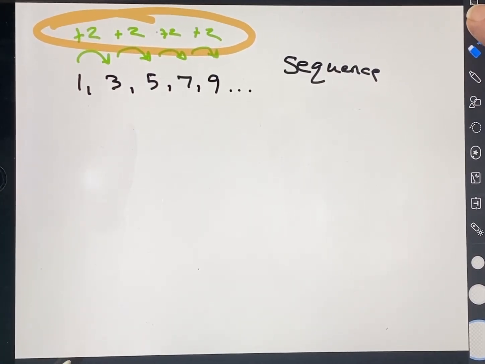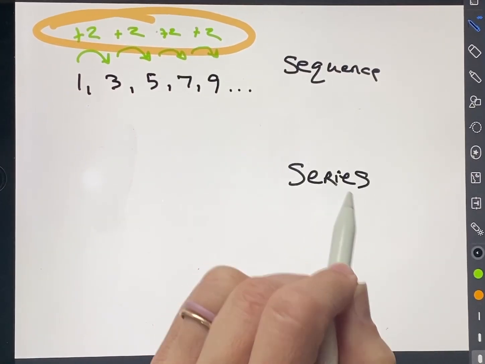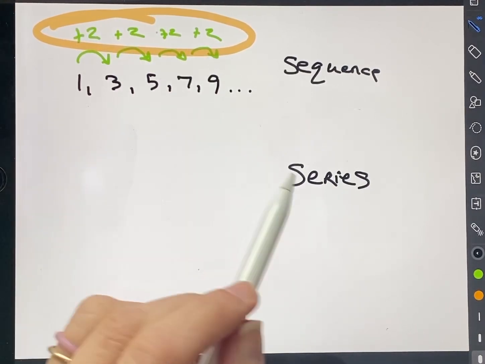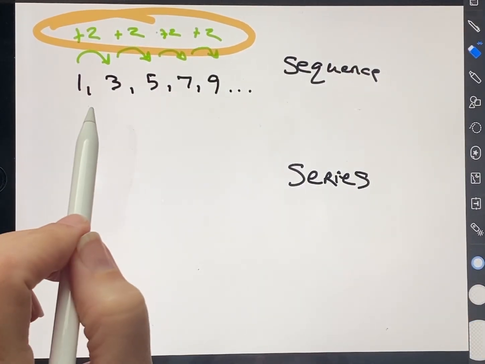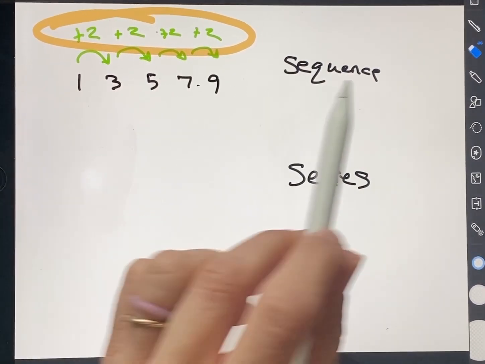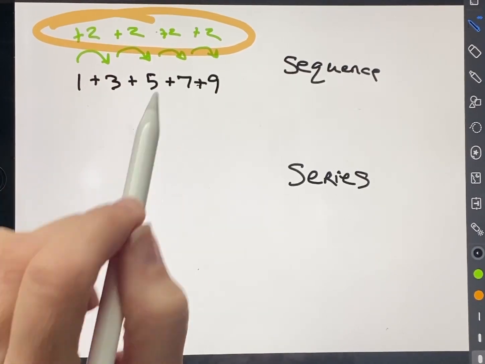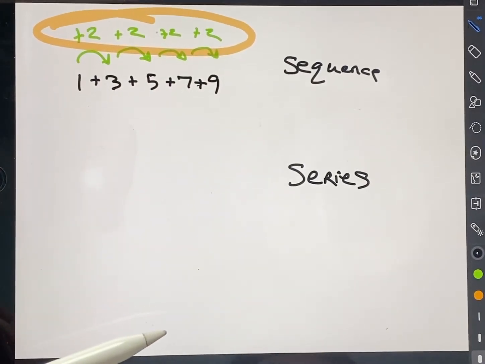Now, the difference between a sequence and a series, and these are very closely tied, so we will go back and forth between these terms. A series is when, as we have a sequence, and we take out the commas where it is just a list of numbers, and we replace that with an addition sign. Now, for a series, it doesn't matter what type of sequence it is.